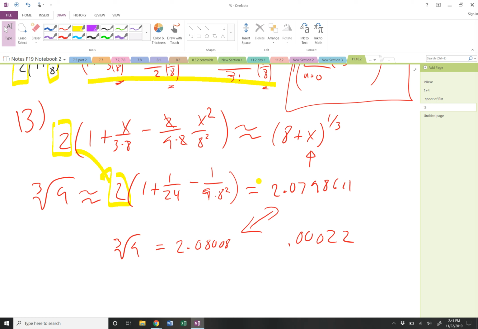To find the cube root of 9 in my expression, this x has to be a 1. And so I just replaced x. Everywhere there was an x, I replaced it with a 1, on the right-hand side and the left-hand side. And so then you just get 1 over 3 times 8, which simplifies to 1 over 24. Okay, great. So I did do that kind of fast.